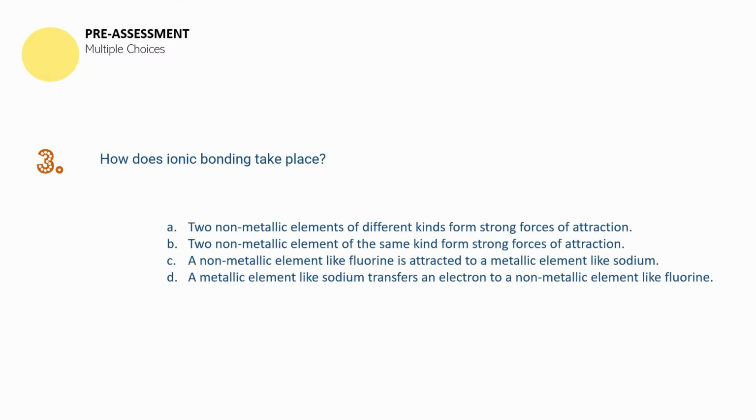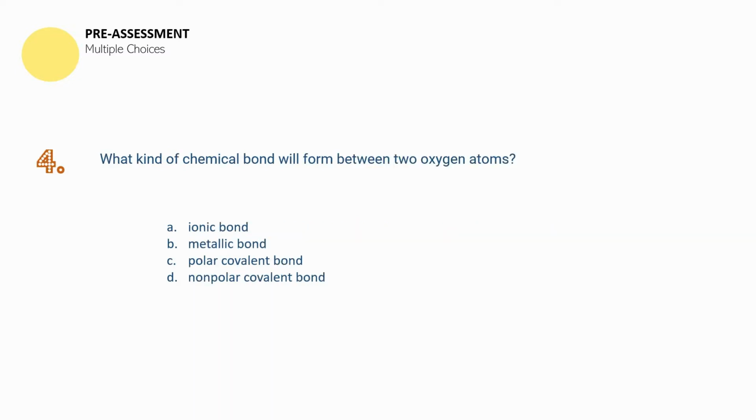D, a metallic element like sodium transfers an electron to a nonmetallic element like fluorine. If you want more time to decide, you can pause this video. If you have decided to continue, that means you are ready for question number 4.